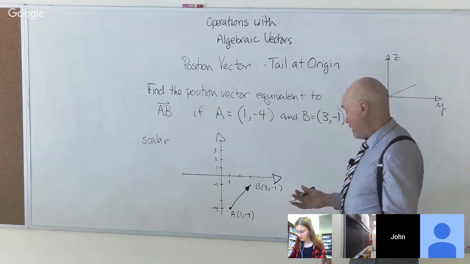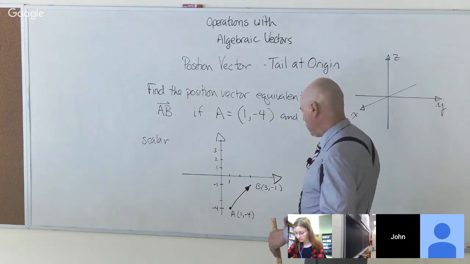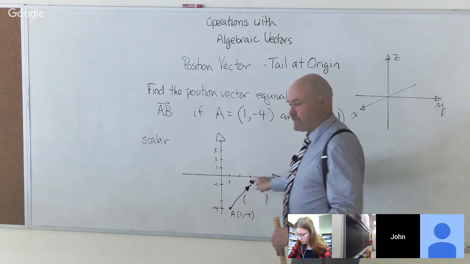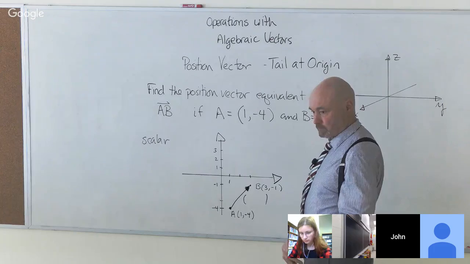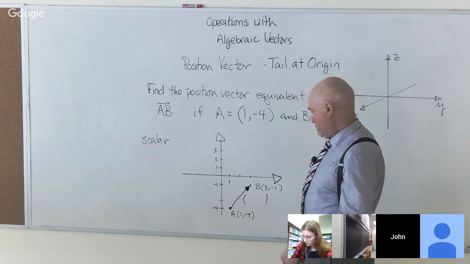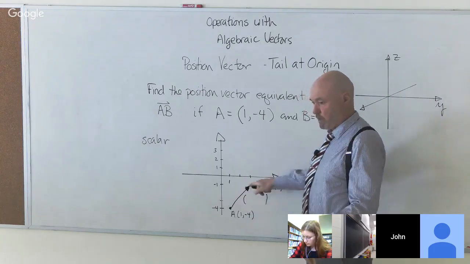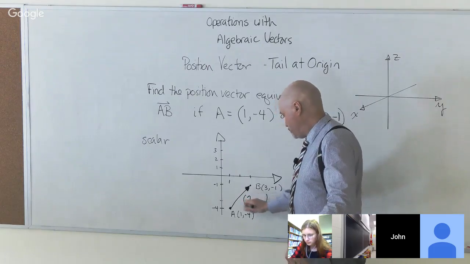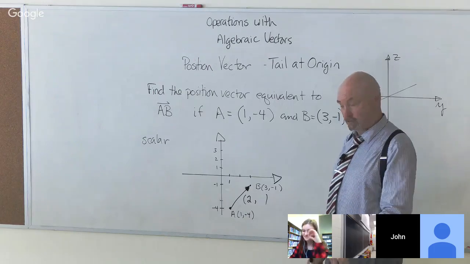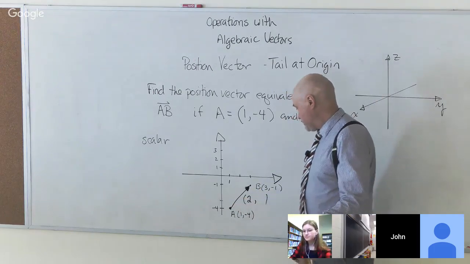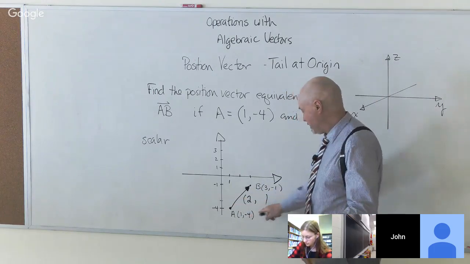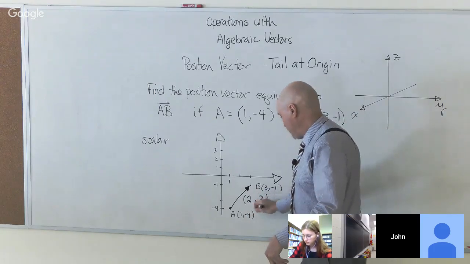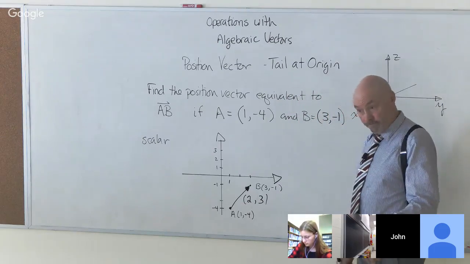And then we're going to draw it at the origin and turn it into a position vector. So what's the x component of this vector? We're going from 1 over to 3. What's the x component? If you're saying 2 right now, good for you. Yes. In the x direction, we've gone 2, and we've gone from -4 all the way up to -1. And so the y component of that vector is 3.